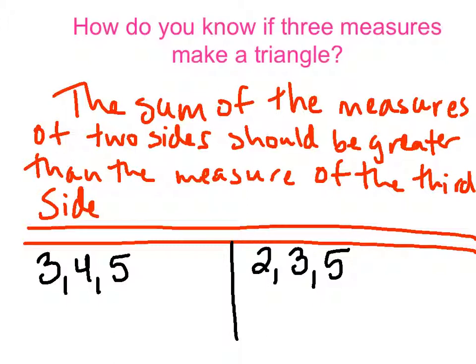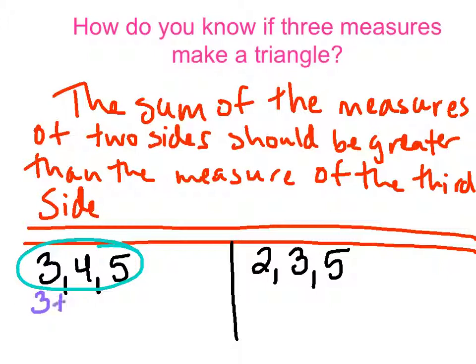Well, let's look at the example of the Pythagorean Theorem right triangle sides that we looked at at the beginning of the video: 3, 4, and 5. We know this makes a triangle. We saw it make a triangle before. It has to make a right triangle. So how can we prove mathematically that this is a triangle?